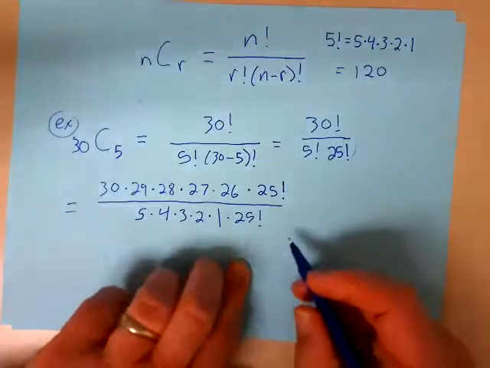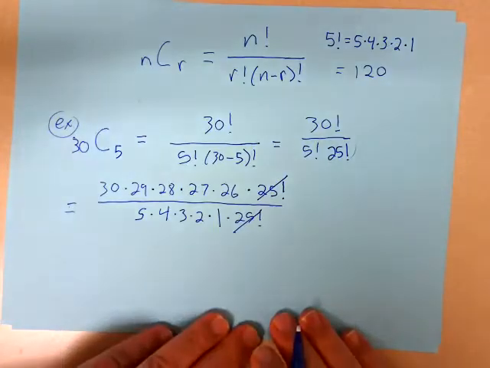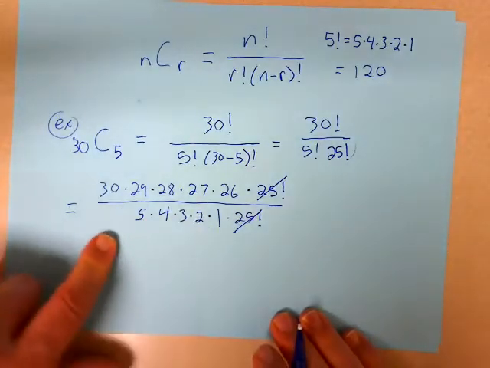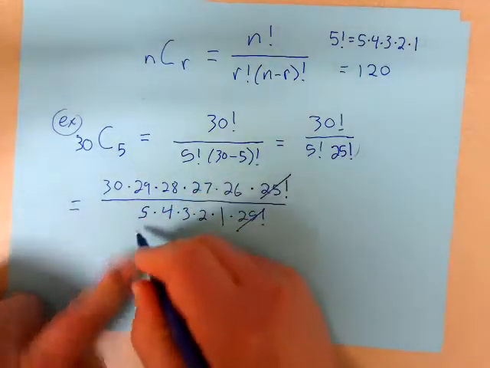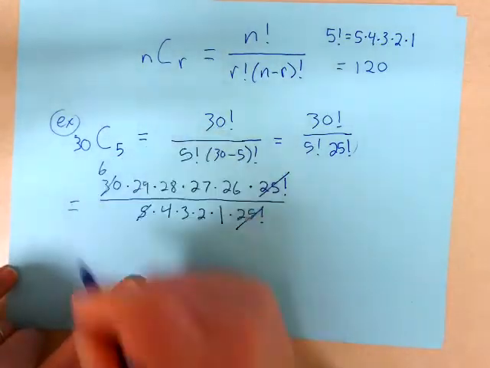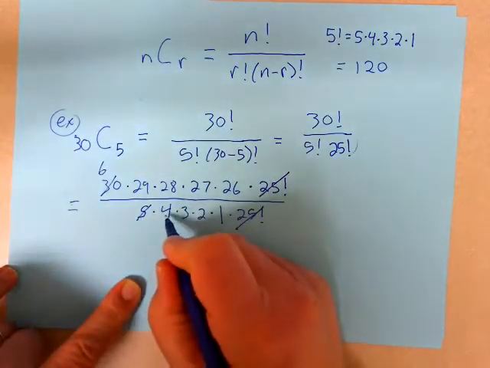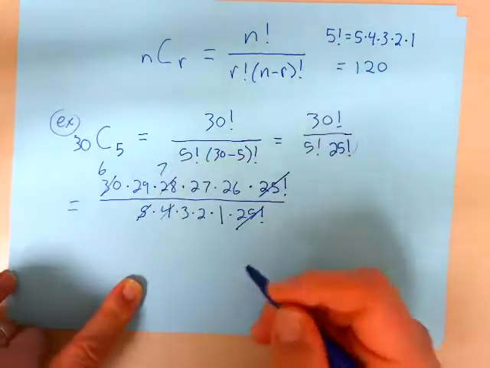And now you can see times 25 factorial. So now you can see that this is going to cancel out like that. And I'm left with this. So now I'm going to be able to get everything else in the bottom to cancel out. So the 5 here will cancel out with the 30 and give me 6. The 4 cancels out with the 28 and gives me 7.